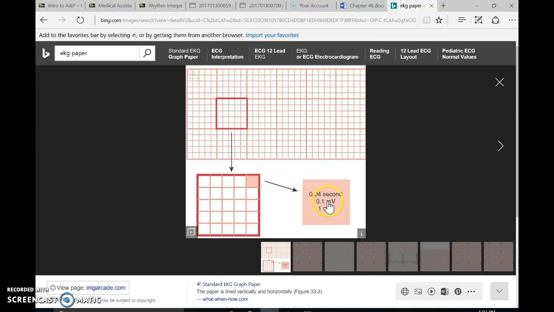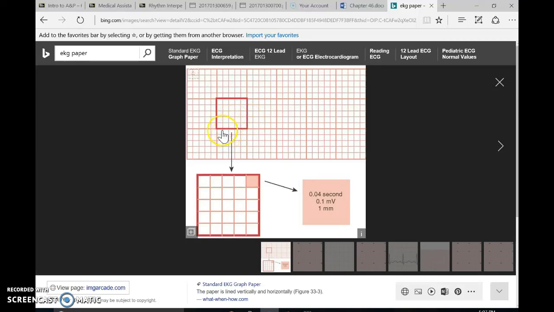Okay? 0.1 millivolts. So if we add all of them together, going lengthways, the bigger square, the big red square, is 0.5 millivolts. Okay, guys, I hope that makes sense to you.